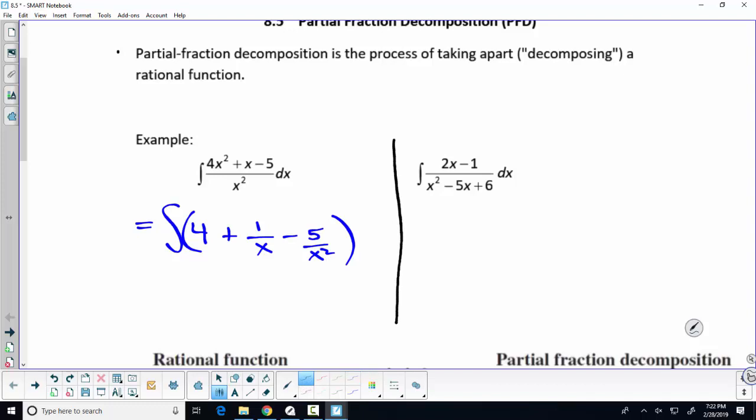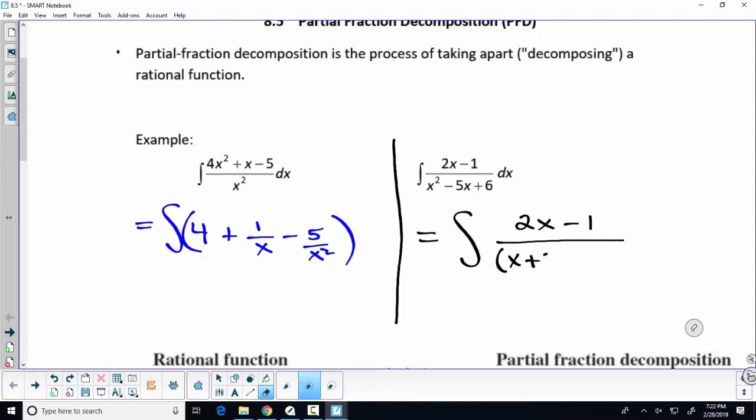Whereas something like 2x minus 1 over x squared minus 5x plus 6, we're going to think about this as 2x minus 1 over x minus 3 and x minus 2.